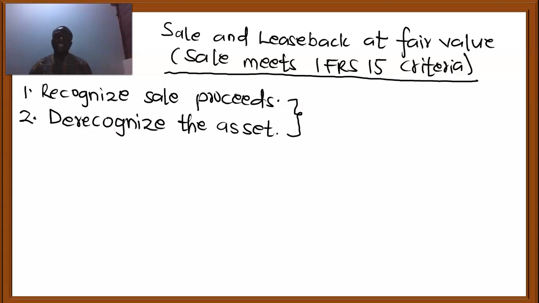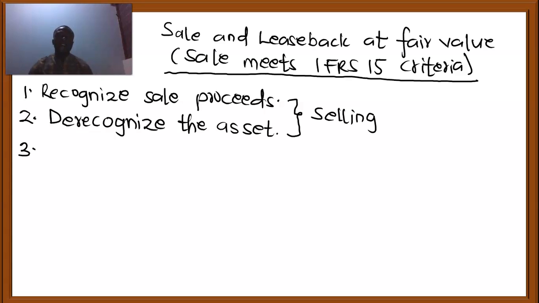And then the money or the proceeds you receive from the sale, you are going to recognize it as an asset in the form of cash or bank or a receivable. So this is in relation to the sale. Then the other part of the transaction is that you are going to lease it.